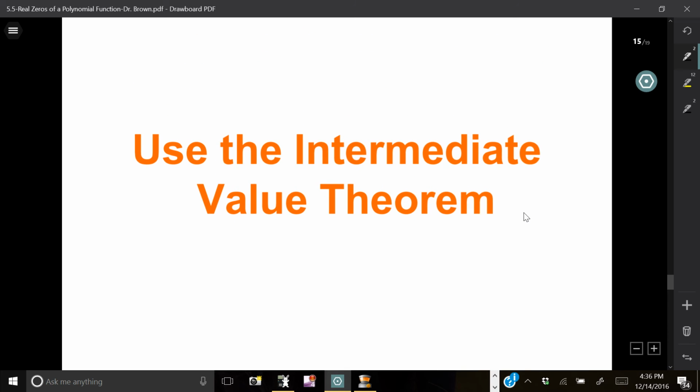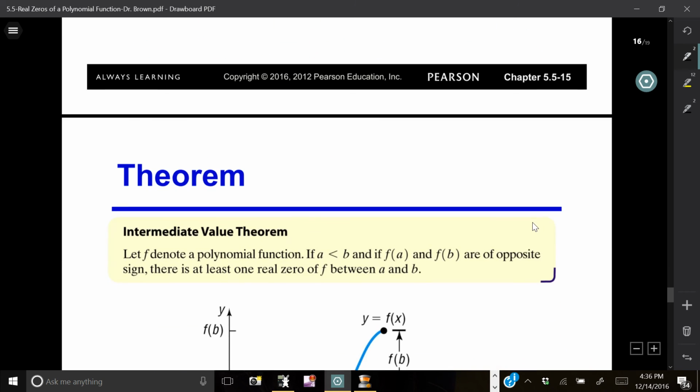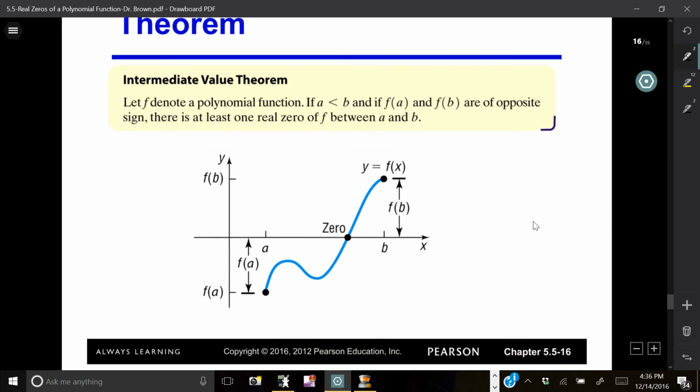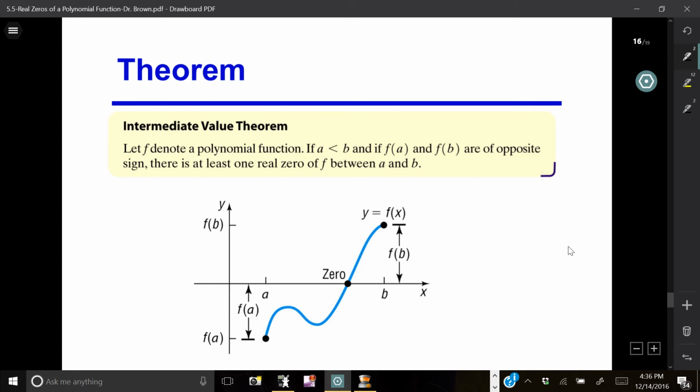Use the intermediate value theorem. We're going to cover this very quickly. This is pretty much common sense. The intermediate value theorem says that if f is a polynomial function, and if a is less than b, and if f of a and f of b are of opposite signs, there is at least one real zero of f between a and b. Well, it's sort of like the odd polynomial we just looked at.